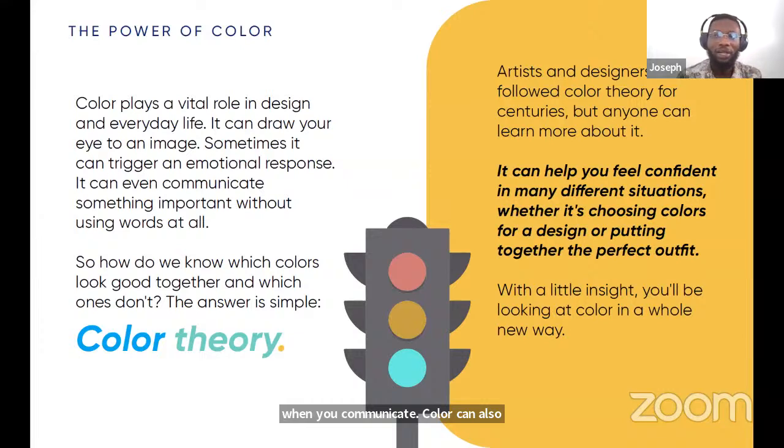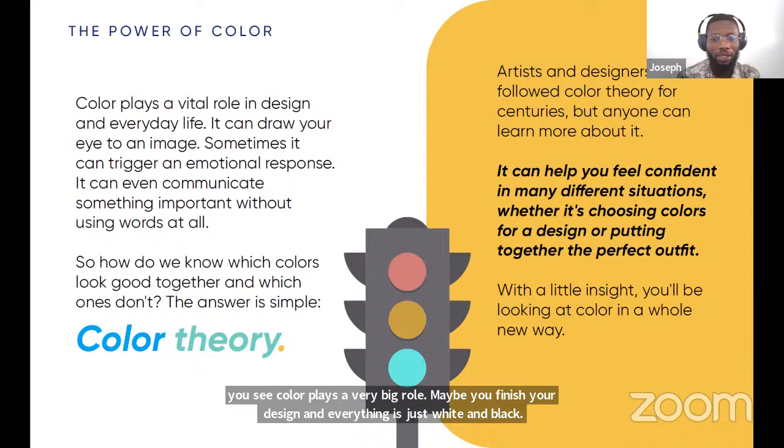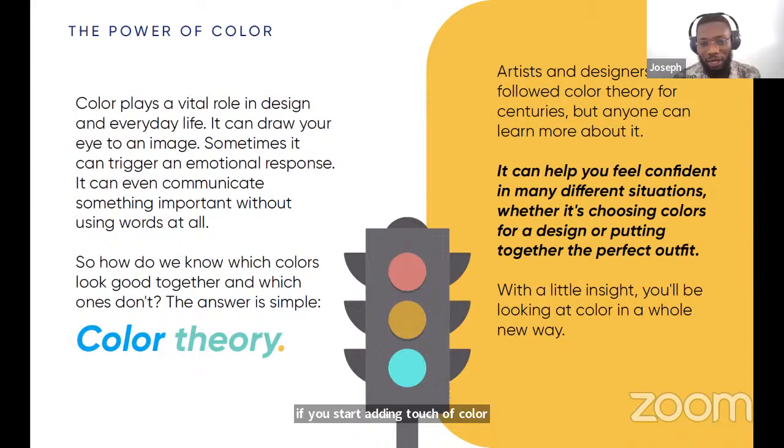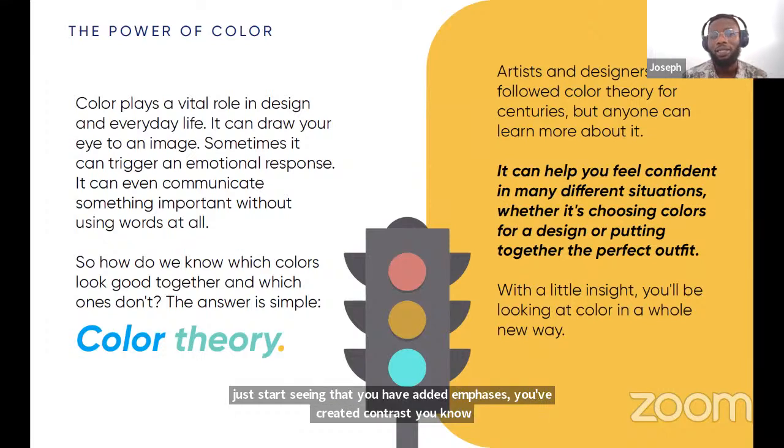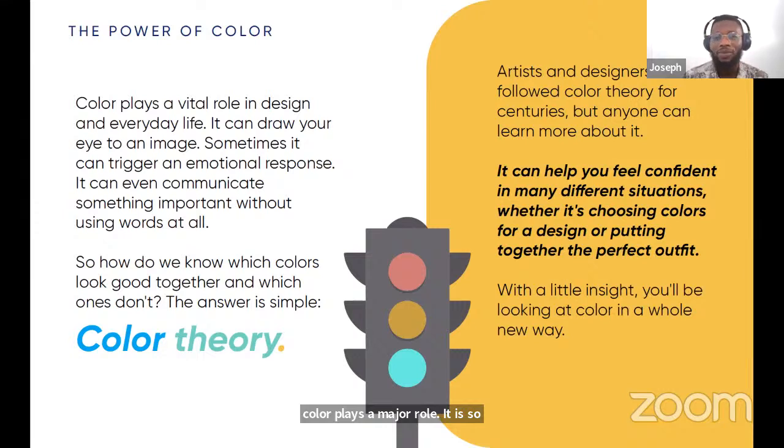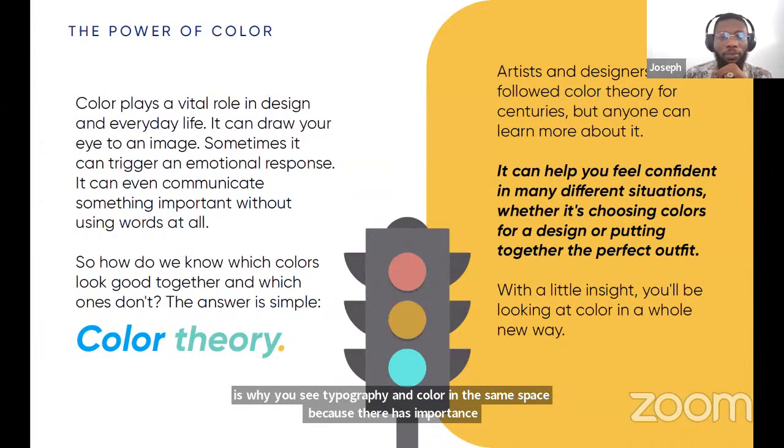Maybe you finish a design and everything is just white and black. If you start adding a touch of color, you've added emphasis, you've created contrast. Color plays a major role. In fact, that is why typography and color are in the same space, because they are both necessary for each other.